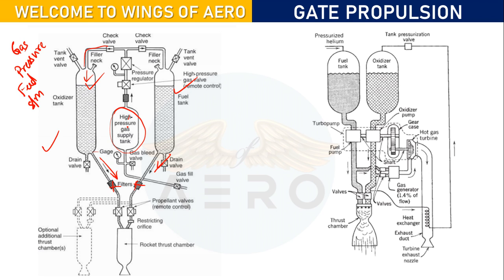Using the check valve, once it opens, it will come out over here. There will be the injectors. Lots of different types of injectors are there, and based on the type of the cylinder, that injector will be used. Again, they will have the combustion, and it will expel out.